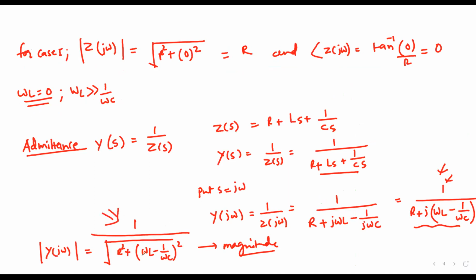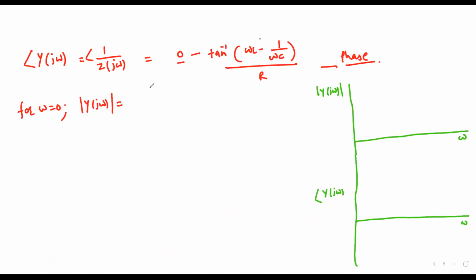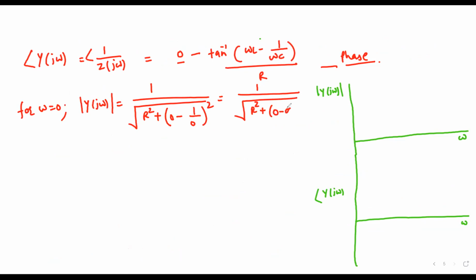So it is 1 divided by the square root of R square plus 0 minus 1 over 0 whole square, which becomes R square plus 0 minus infinity whole square. So 1 divided by infinity is 0. So for the case omega equal to 0, the admittance is 0.